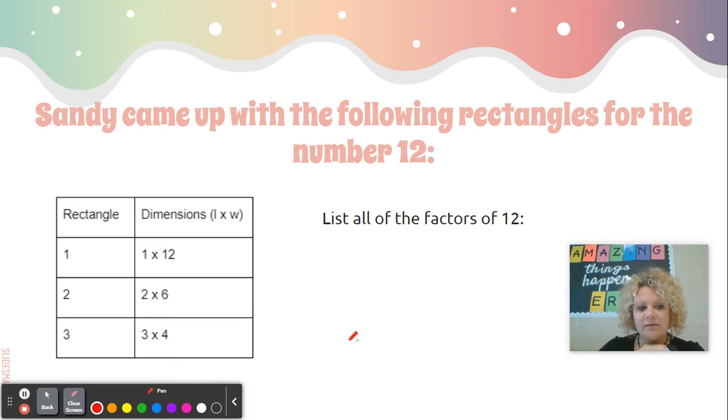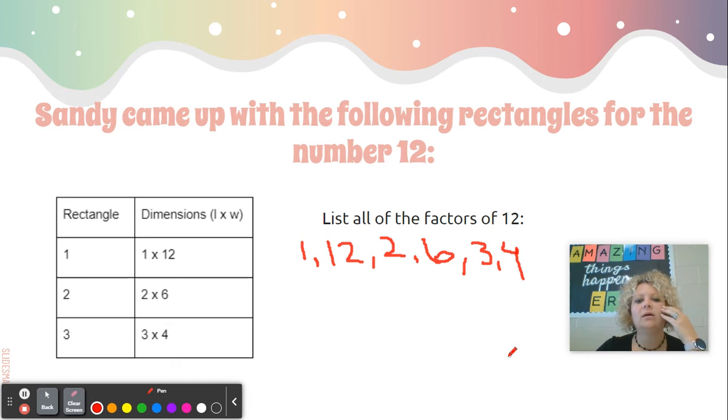So we're going to list all the factors of 12. Well, we have 1, 12, 2, 6, 3, and 4. So these are all of my factors of 12. And if I want to, I can rewrite them in order from least to greatest as well.